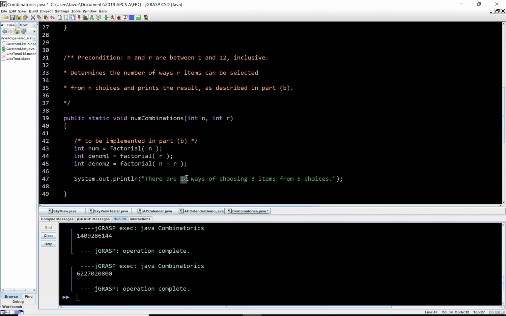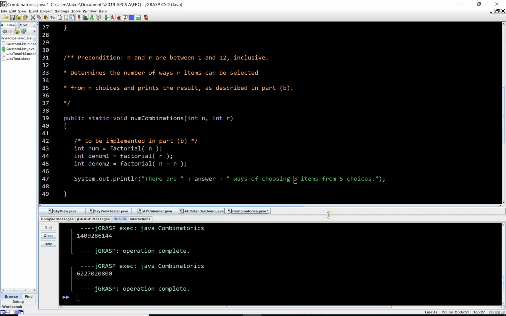Now these, I don't want to hard code. 10, 3, and 5. I don't want to hard code them. So I'm going to say there are, terminate the string, plus 10 is the answer that I'm looking for, plus, and then I'm going to delete this, and I would need a space. Okay, there are, whatever answer is, ways of choosing.